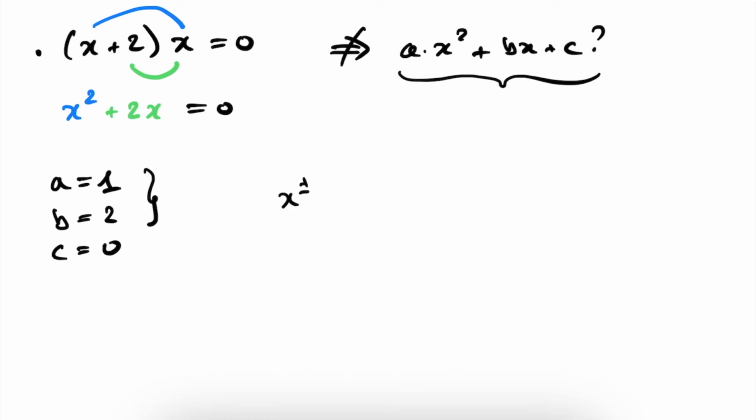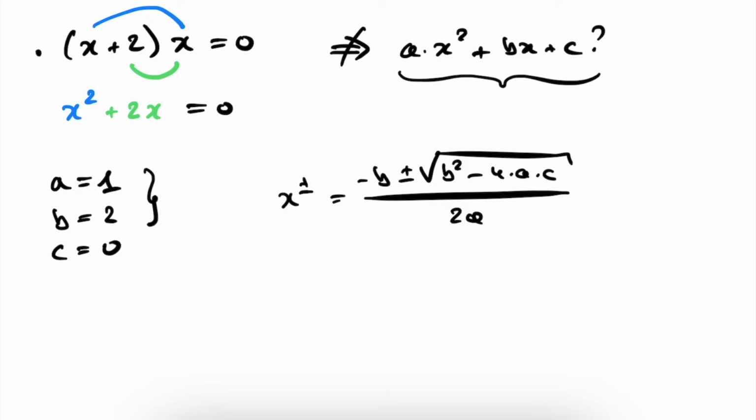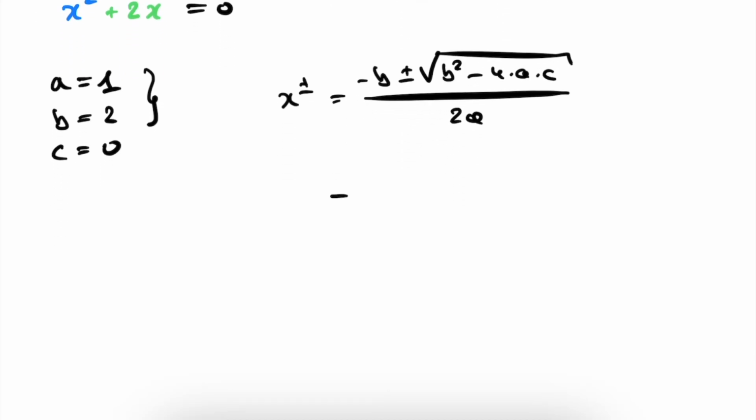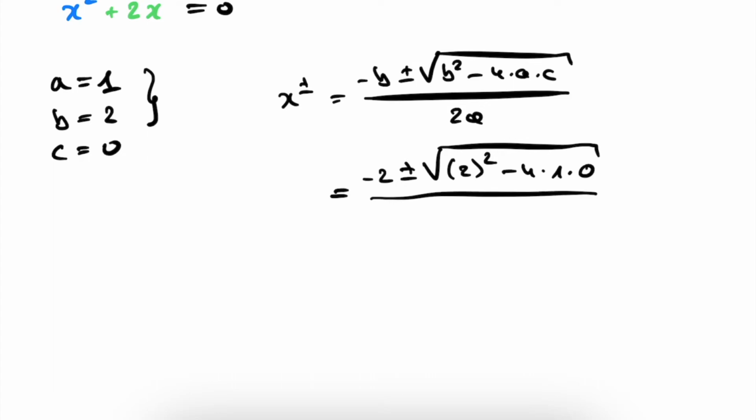Because let's look again at this general form, which we are now all starting to memorize. Divide by 2a. So what does this become now in our case? So b is 2, so we get minus 2 plus minus square root of 2 squared minus 4 times 1 times 0, divided by 2 times a, which is 2 times 1, which is 2.